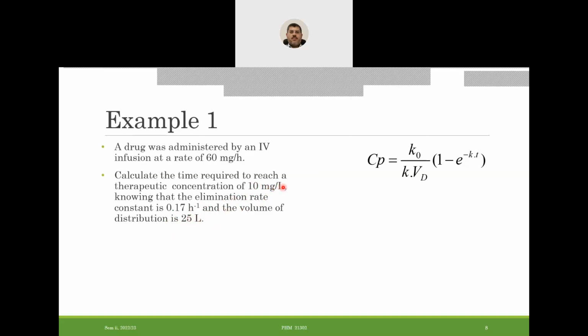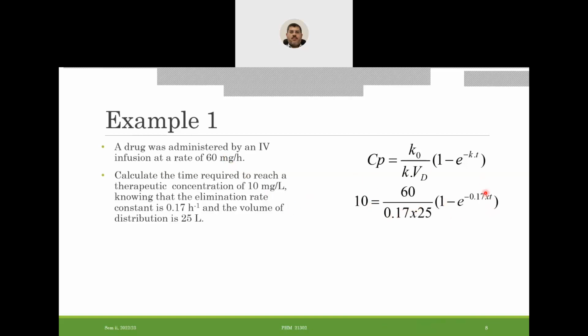All should be the same units. Volumes should have the same units, time should have the same unit, amount should have the same unit. You cannot use a concentration value in microgram while your infusion rate is in milligram, for example. This is the first thing you have to check before you start answering.